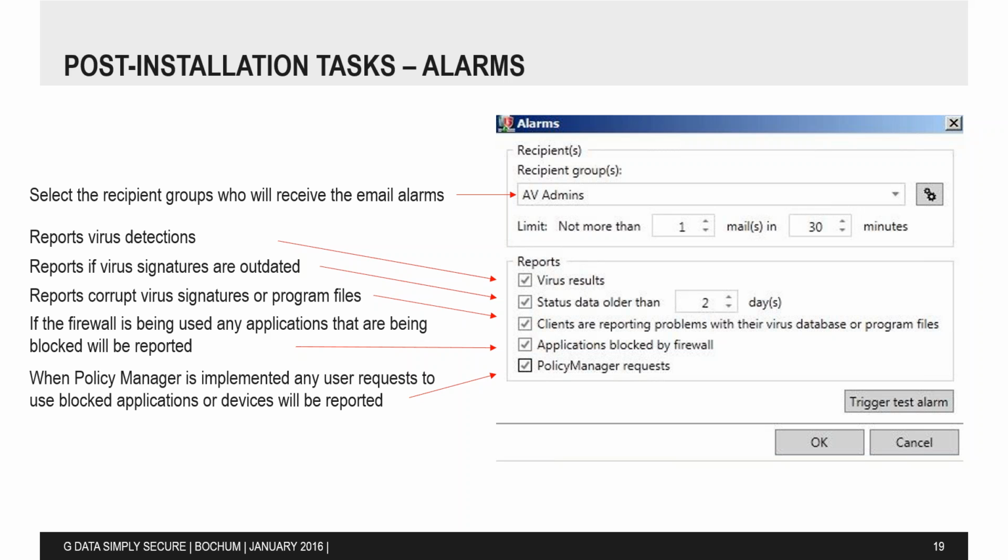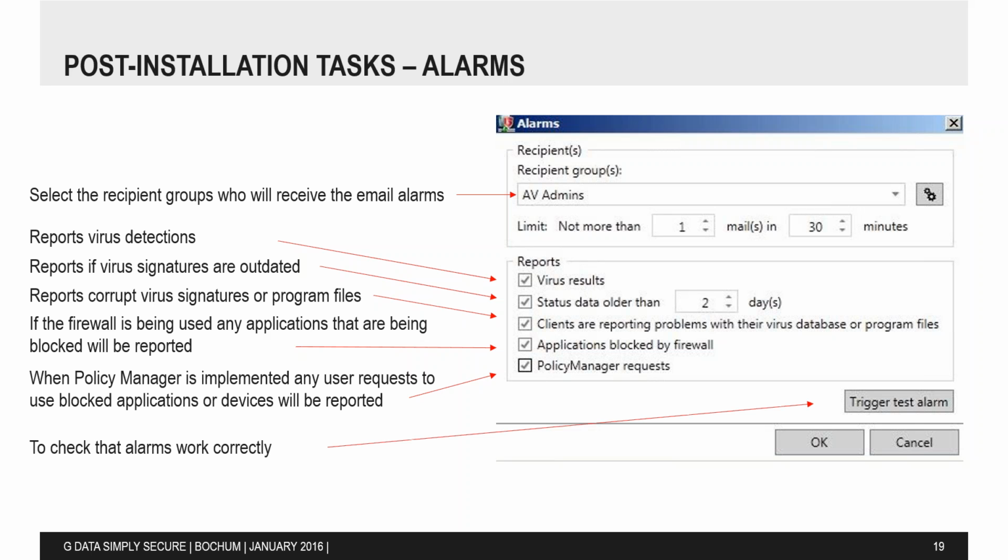You will then be notified per email that someone is trying to access a device or application. So here again, if you've created a policy and perhaps blocked something that you shouldn't have, you will be informed about it.